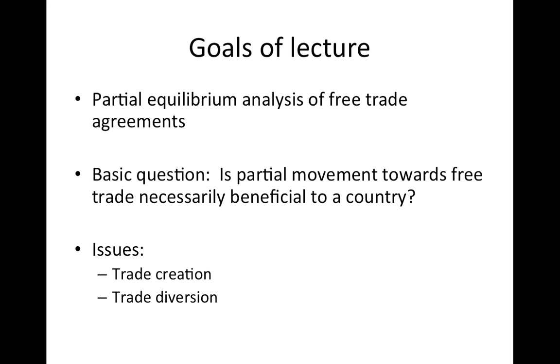Recall that that means that we're going to analyze one particular product at a time. In this case, when Brazil will liberalize in one sector, we'll talk about multi-sector liberal analysis at the end.